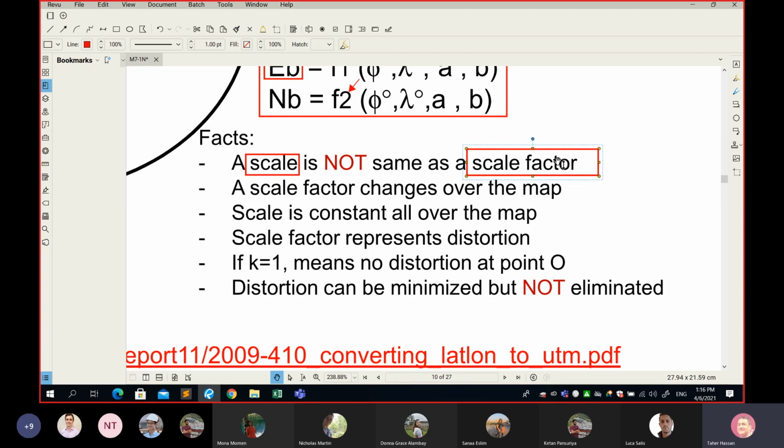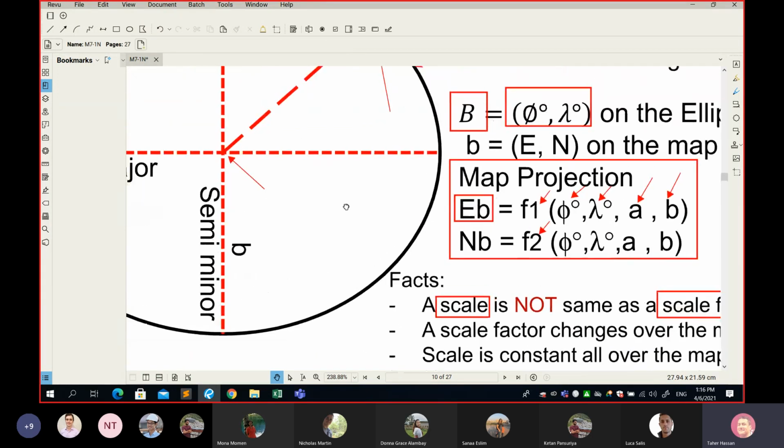The scale that we learn in first year and second year, does it change on the map? The word scale you learn in my class, does it change over the map, or stay the same? Same. While the scale is constant, the scale factor will vary, and I'm going to prove it for you right now.